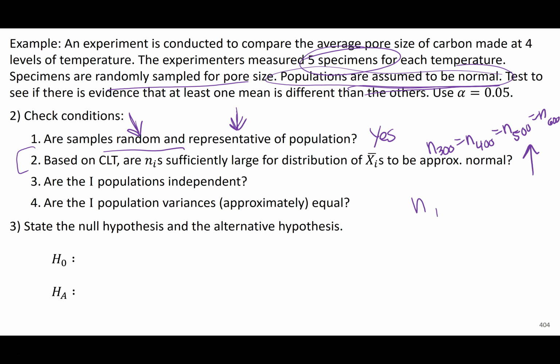If you use N1 and N2, you need to tell us what 1 and 2 are. If you use numerical labels that don't make it really obvious which groups, you need to label them. So N is equal to 5, and 5 is big enough because populations are normal. So J equals 5 is big enough.